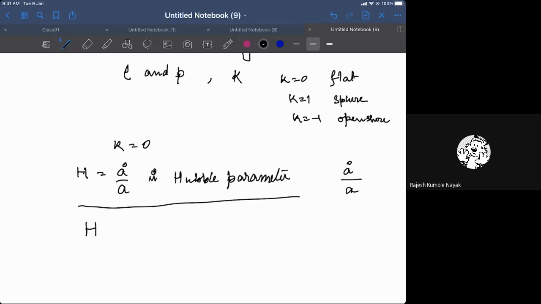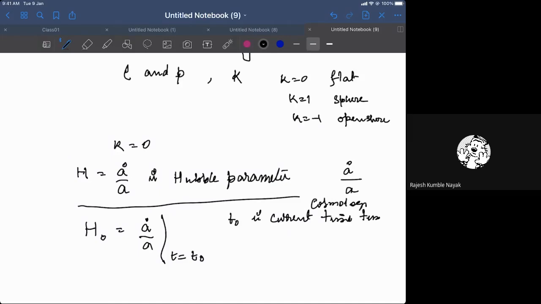The Hubble constant H naught is a dot by a evaluated at the current epoch, which is usually called t is equal to t naught. t naught is the current cosmological time, the current epoch.